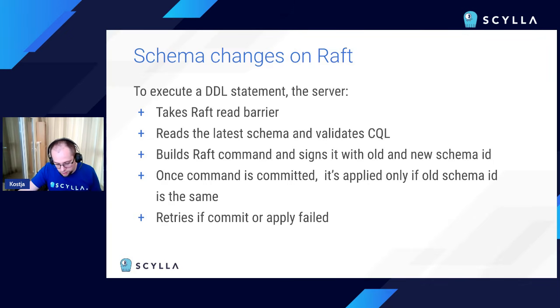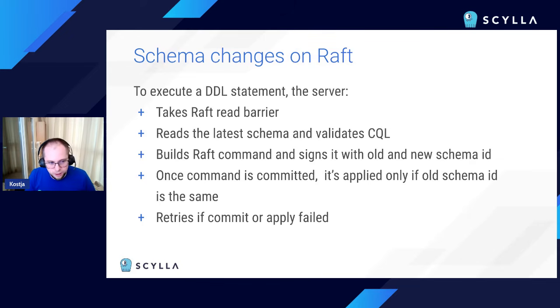So we can easily retry schema changes for which we don't know if they succeeded or not, for example where there was a leader change or a node down during the schema change. And this all works under the hood. The client simply gets a success, a valid error, like there is already such a table with the same name, or the table doesn't exist, or a timeout.